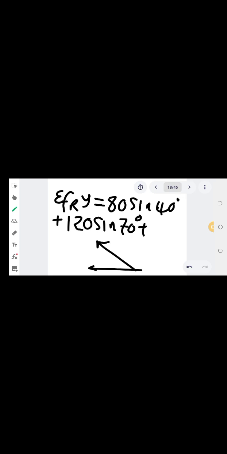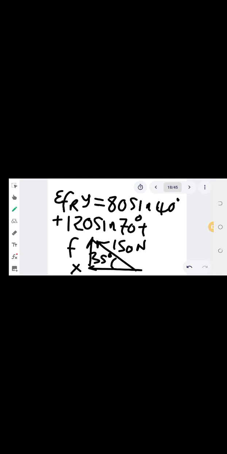Here the angle from the negative x-axis we have got is 35 degrees. This is the x-axis. We are looking for this component in the y-axis.